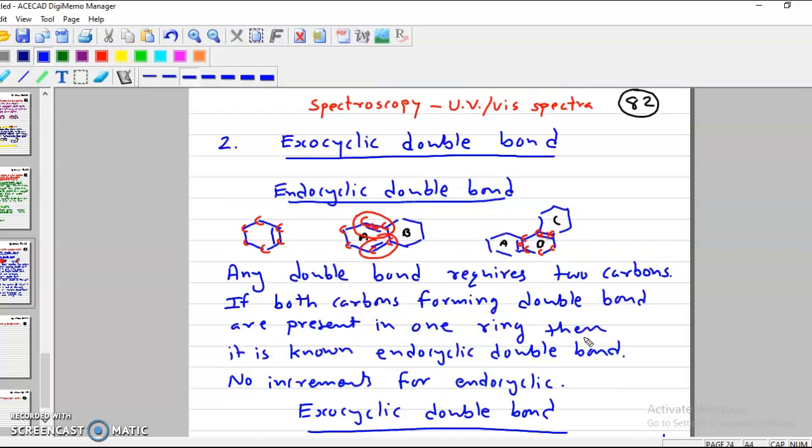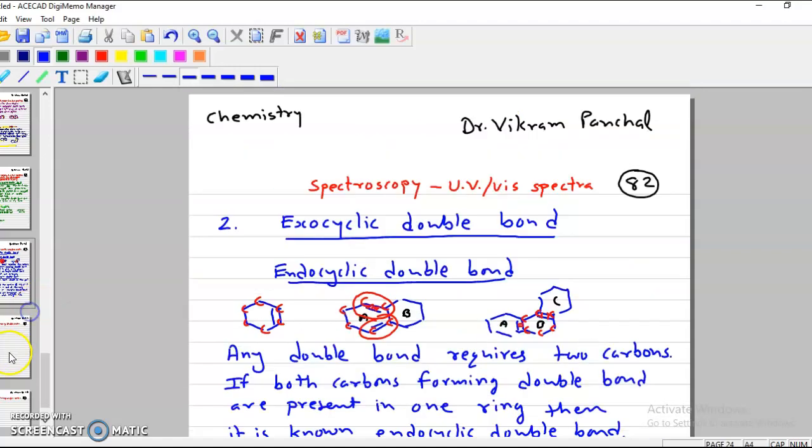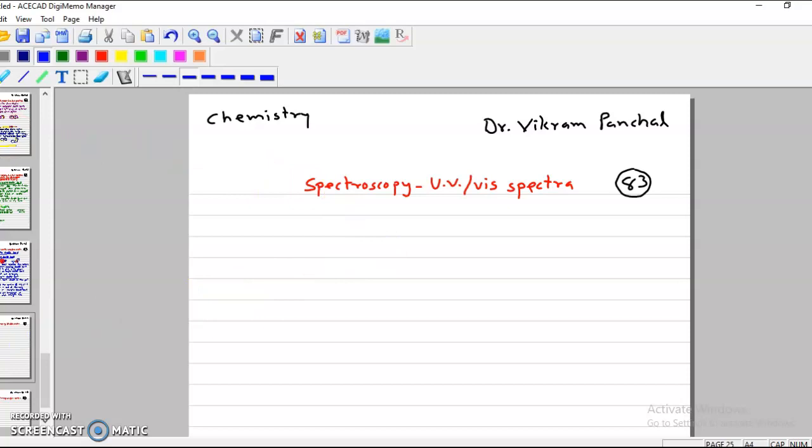For example, we'll take an example to understand these exocyclic double bonds. Suppose this is the ring formed by 6 carbons.